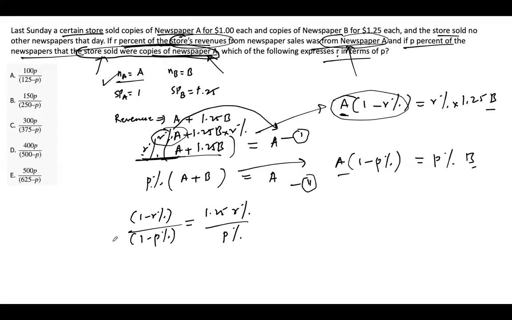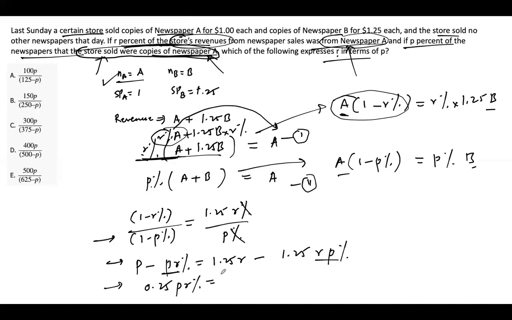If I'm dividing, percent will get cancelled, then multiply by P. P minus PR% is equal to 1.25 R minus 1.25 R P%. See, you have RP%, and this is also RP%. If you take this to the left hand side, you'll get 0.25 RP percent, PR percent.